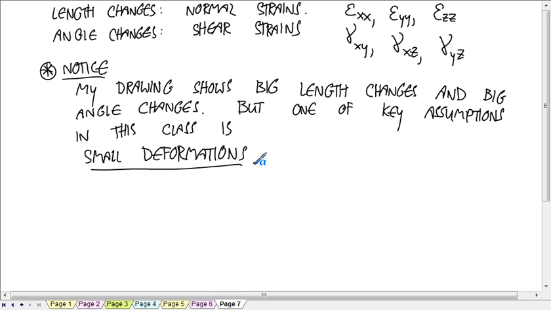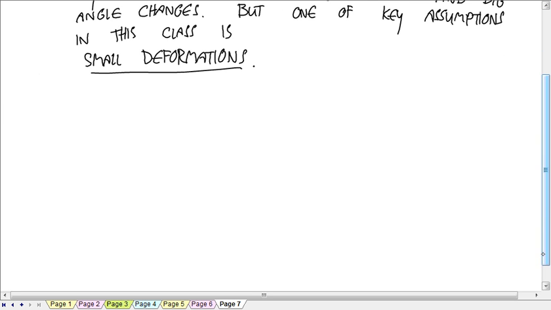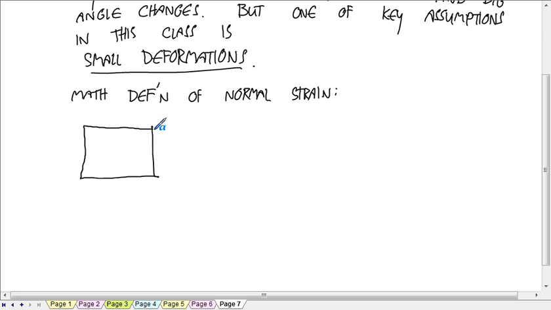Let me just define normal strains. So the mathematical definition of the normal strains: let's say this is a direct head-on view of the XY plane, before the deformation.